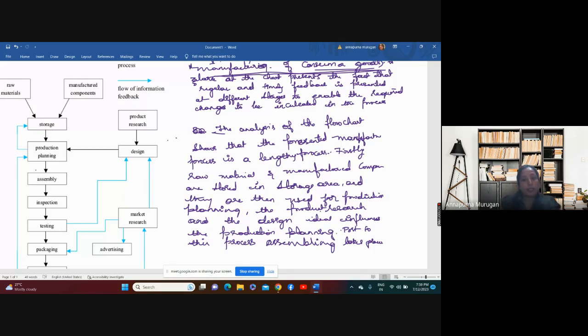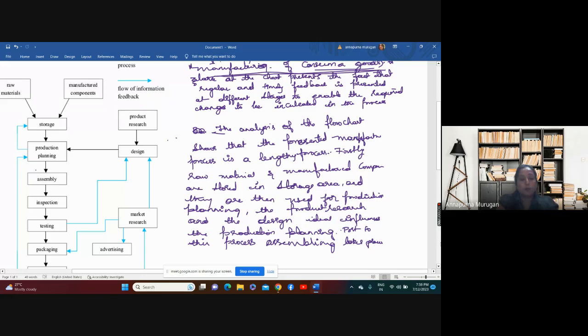The product research and the design ideas influence the production planning. Post to this process, assembling takes place, right? Now, after assembling, what is happening? You can see inspection, testing and packaging, dispatch and sales.